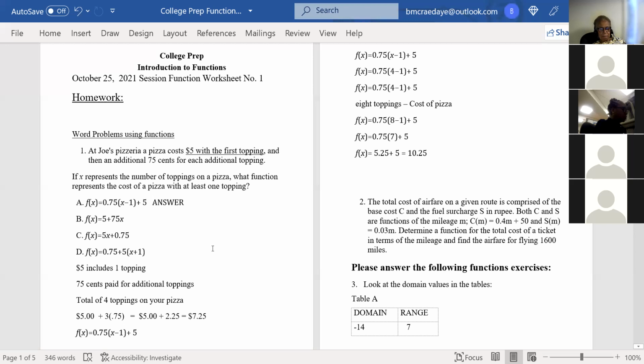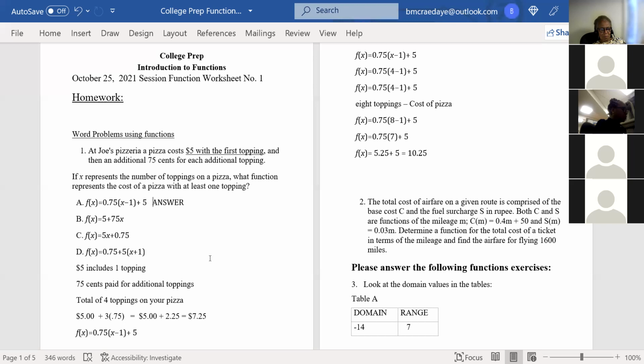Why A is correct is because one topping is included in the $5 for the pizza. So the cost of each additional topping was 75 cents.